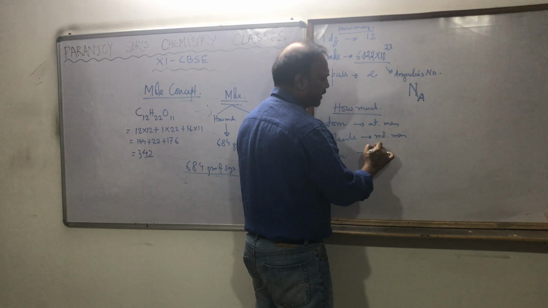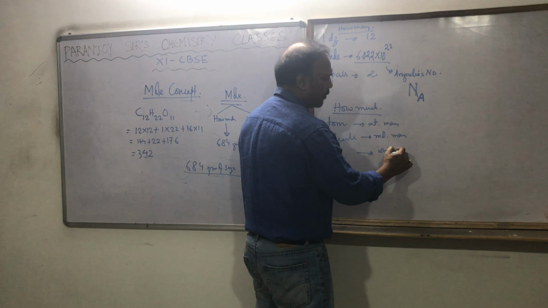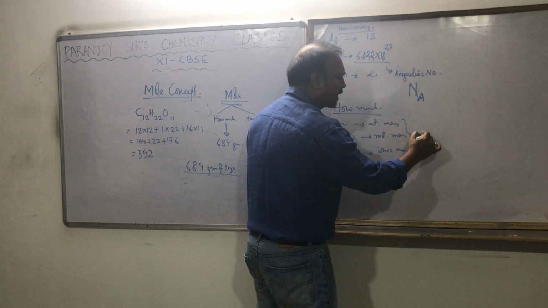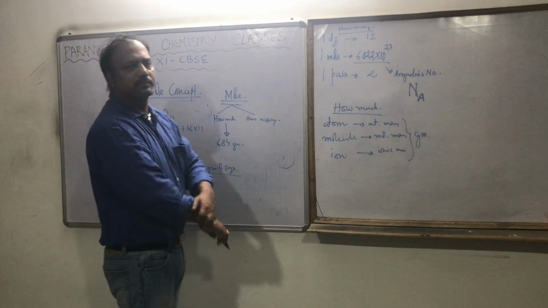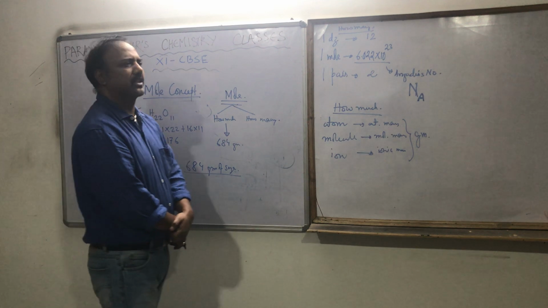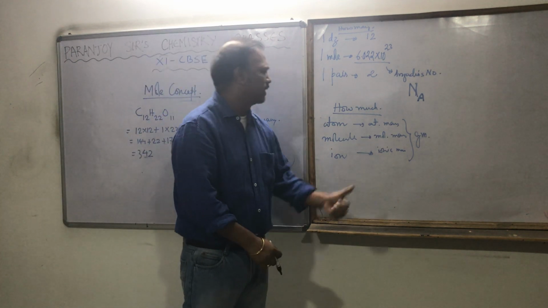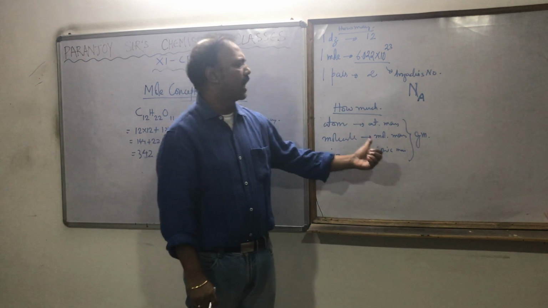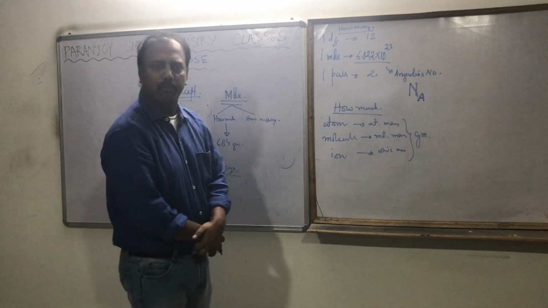And if it is an ion, it should be ionic mass. Generally, ionic mass and atomic mass are the same. And that should be expressed in gram: atomic mass expressed in gram, molecular mass expressed in gram, ionic mass expressed in gram.